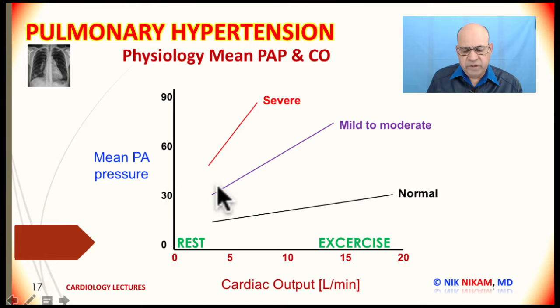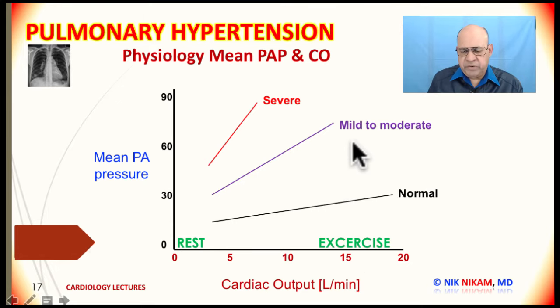Along with significant changes in the vascular bed, their lungs are not able to keep up with the increased demands during exercise. If you look at the pulmonary arterial pressure in a patient with normal circulation, their resting pressure may be somewhere around 15 millimeters of mercury, and as their cardiac output goes up, there is minimal increase in the mean pulmonary arterial pressure.